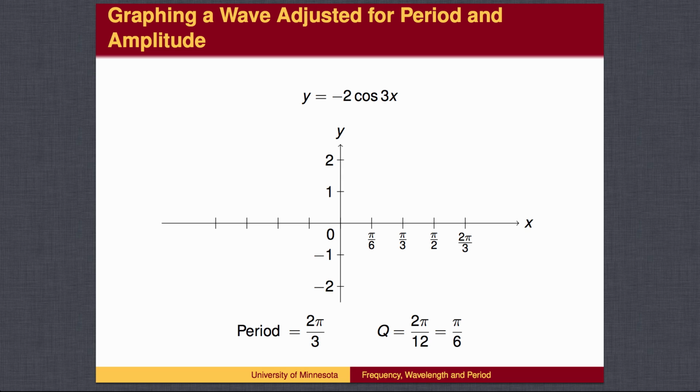The amplitude is 2, so we will place marks up to 2 and down to negative 2 on the y-axis. A standard cosine wave goes from the top to the middle to the bottom to the middle to the top. But this cosine wave is flipped top to bottom because of the negative sign. So we will use the pattern bottom, middle, top, middle, bottom.